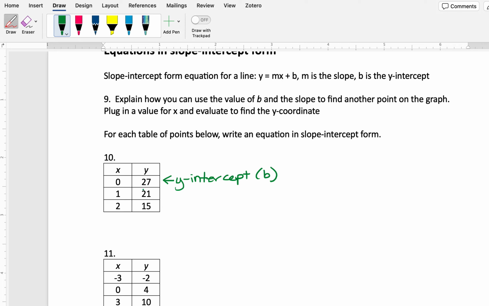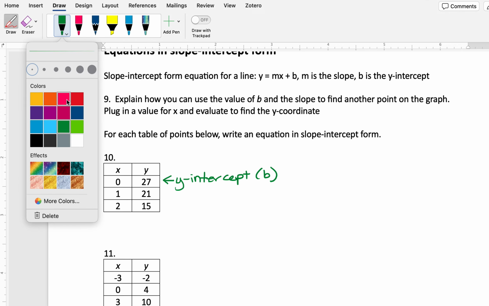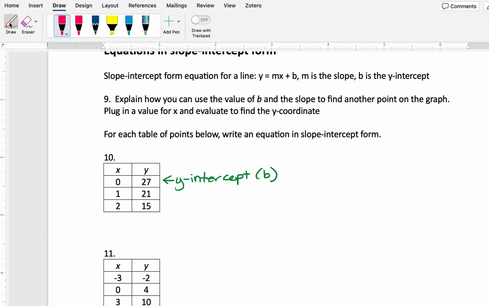Now to find the slope. The slope, remember, is the change in y for each 1 unit change or increase in x. So looking at my table, I'm going to switch colors here. We have the x-coordinate going from 0 to 1. The y-coordinate goes from 27 to 21.